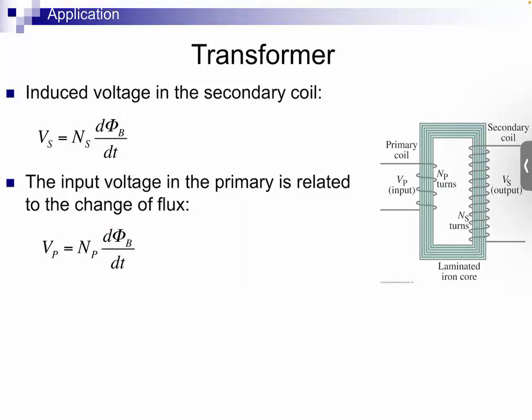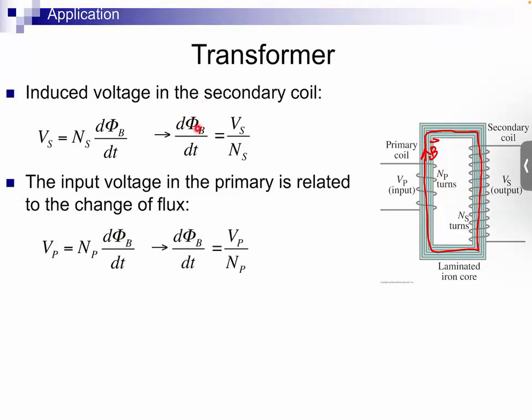We can rearrange these two equations to isolate dphi over dt, because it's the same. It's the same magnetic field that goes around this laminated core and through the primary and secondary coils, so it's the same magnetic flux.